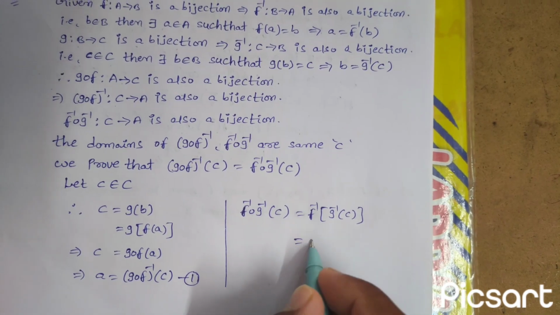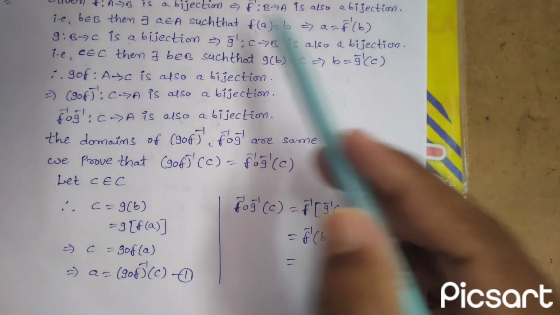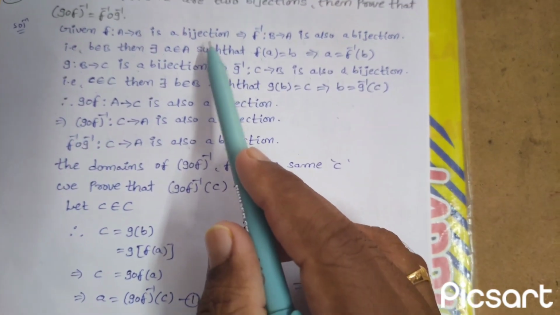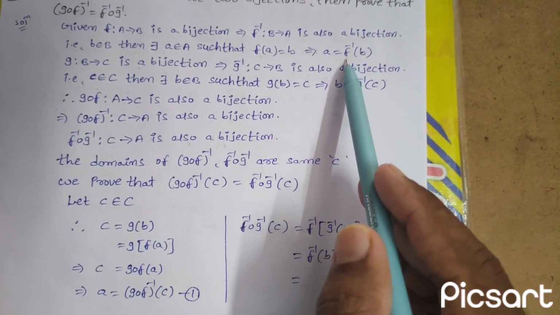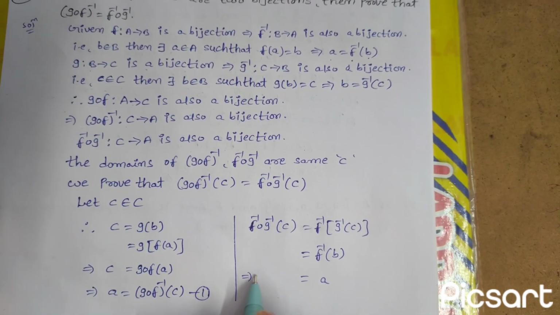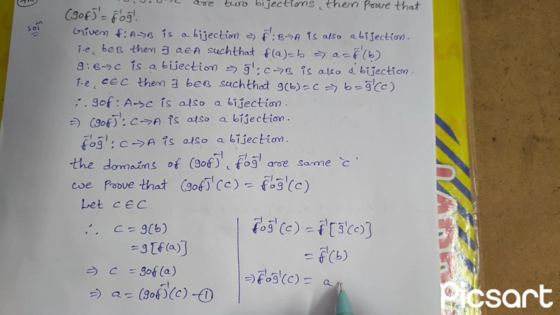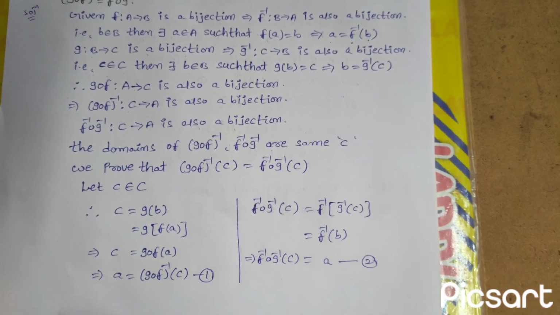So here g inverse of c is replaced by b. f from A to B is a bijection, so according to the surjection definition, f inverse of b is equal to what? a. So clearly f inverse circle g inverse of c is equal to a. This is equation number 2.